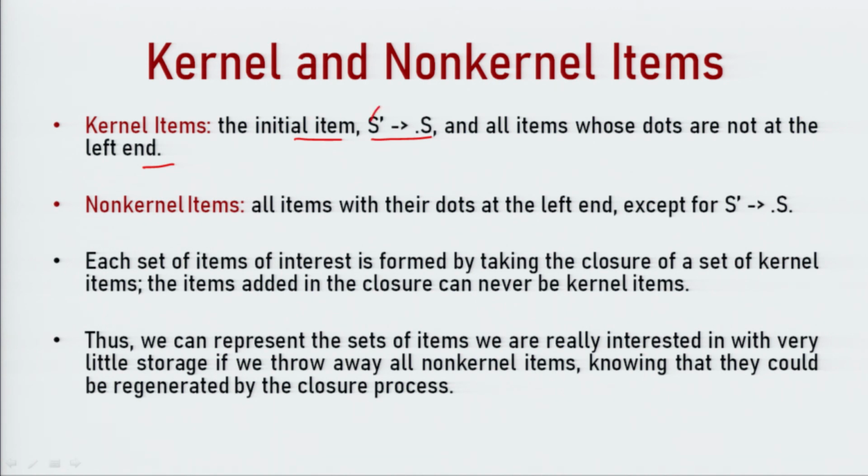This is the start symbol, or start non-terminal, of the augmented grammar, and this is the start symbol of the original grammar. So, the initial item and all items whose dot is not at the left end are the kernel items. Non-kernel items mean all items with their dot at the left end, except S prime to dot S.